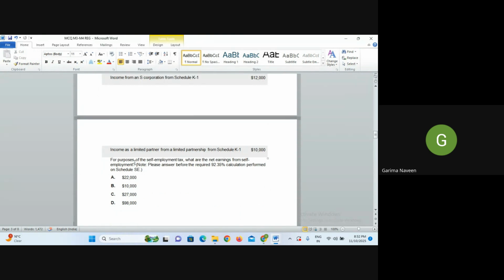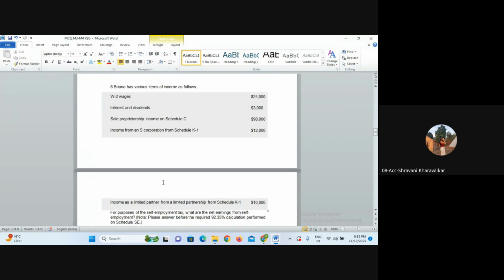So for purposes of self-employment taxes, what are the net earnings from self-employment? Ma'am, can you show the above amounts? Yes.